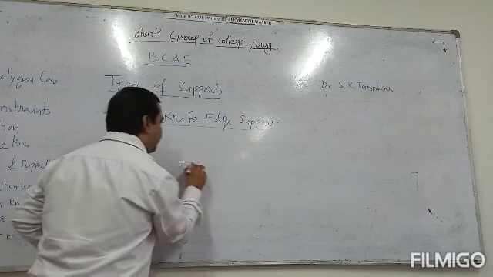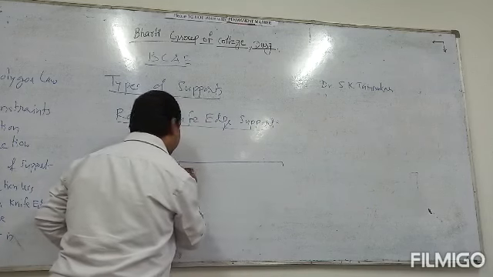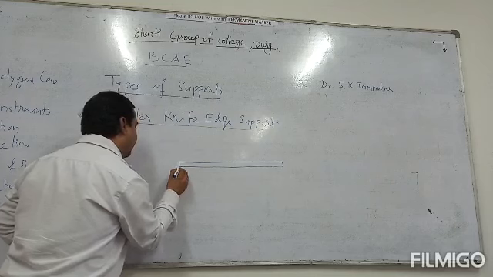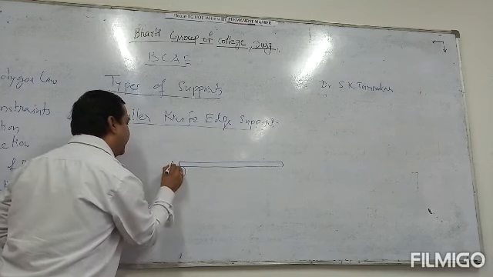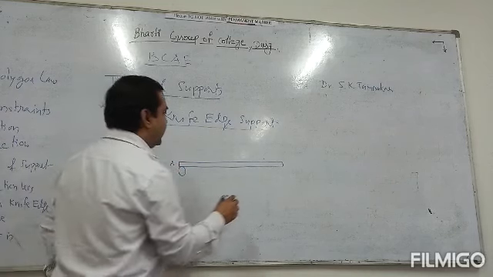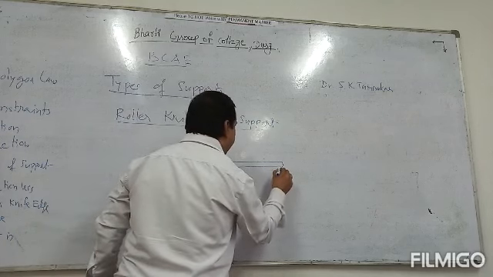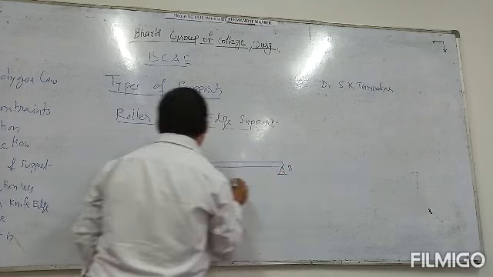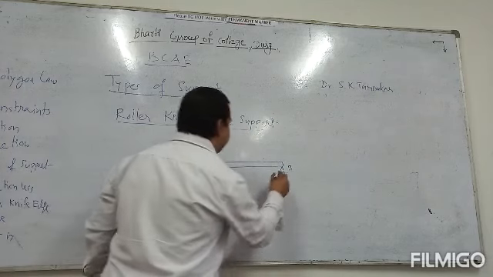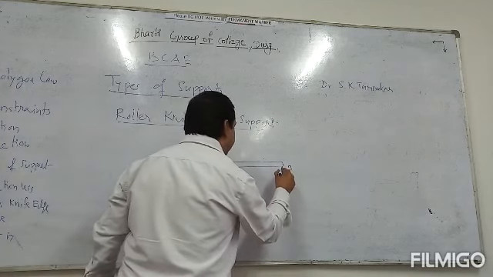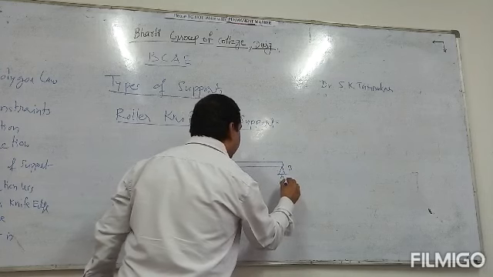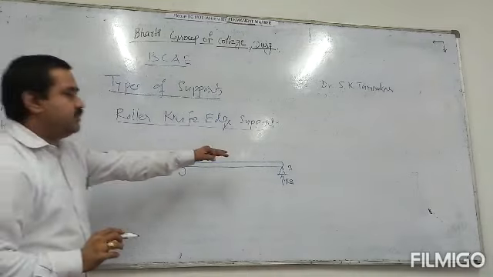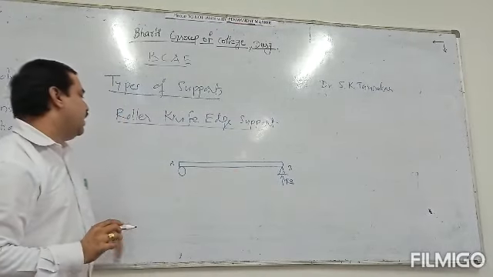If here is any rod and at point A some roller support is there and at point B some knife edge support is there, then there is a reaction RB from this side, because this beam cannot go downward.